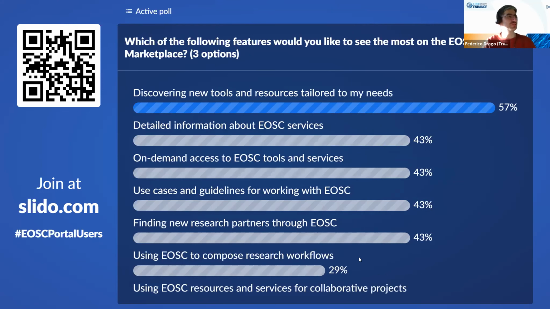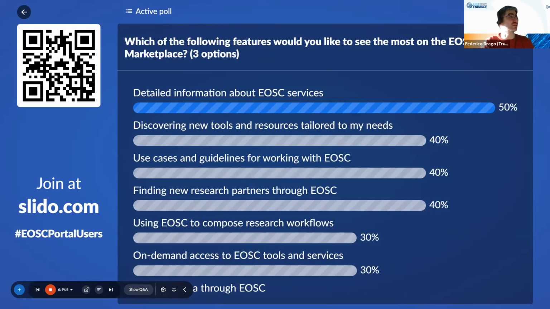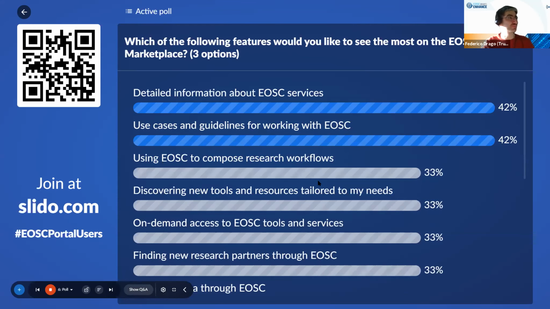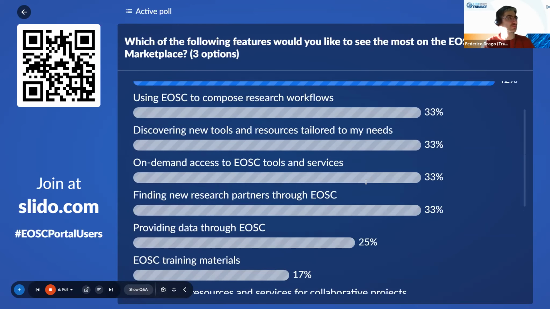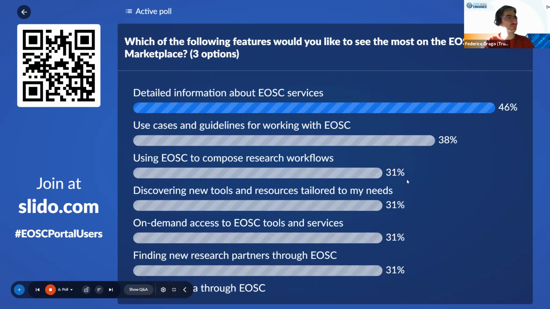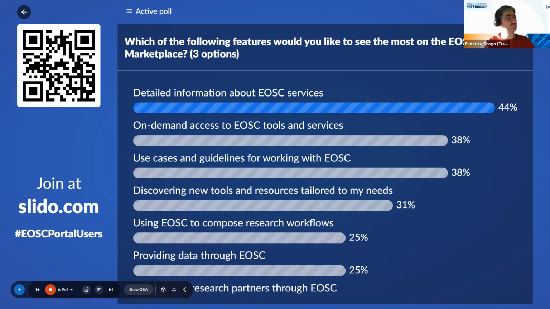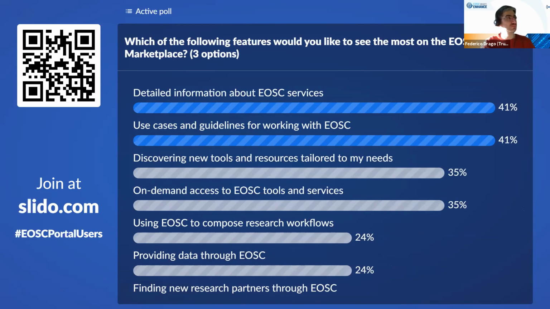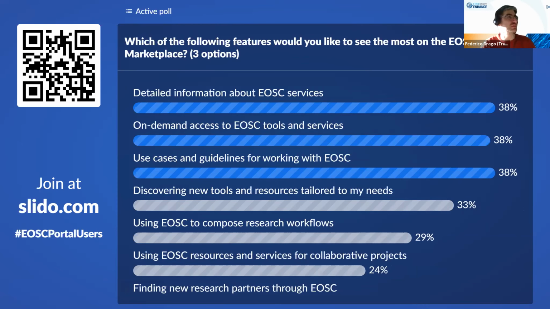We can see some of the answers. Getting lots of responses. So it seems guidelines for working with EOSC are really important. Information about the services.